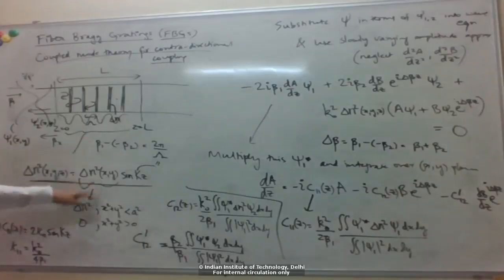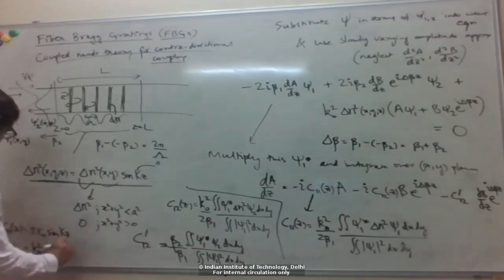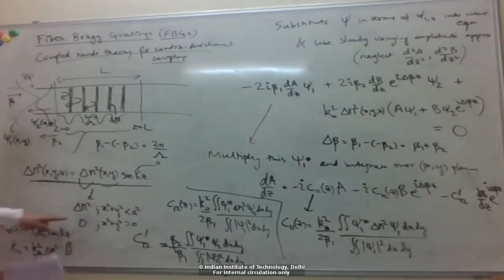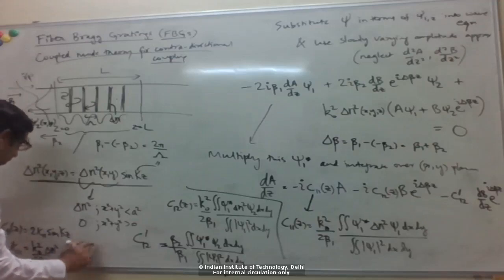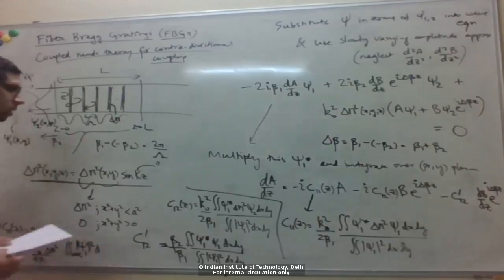if I substitute this form for delta n square here, I just get delta n square, a constant change, and the integral only remains in the core, so I get mod psi 1 squared.